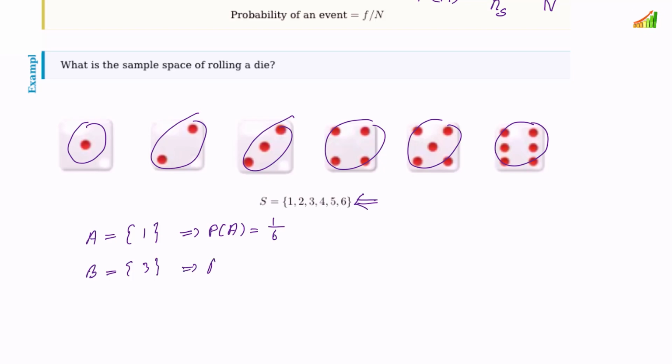And here the probability of B equals the number of elements in B, which is 1, and the total number of elements is 6, therefore 1/6. Both probabilities are equal in this case. Therefore, we can say events A and B are equally likely.